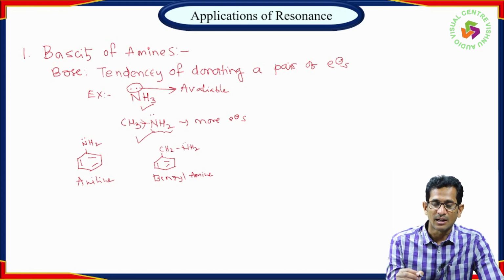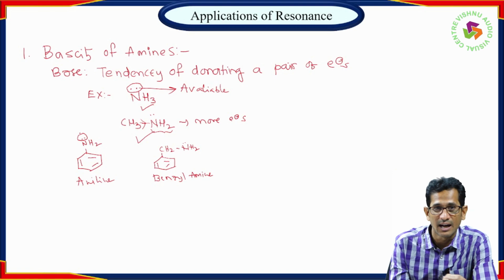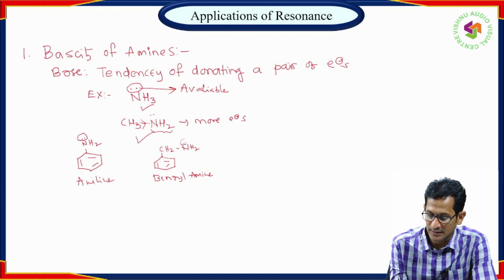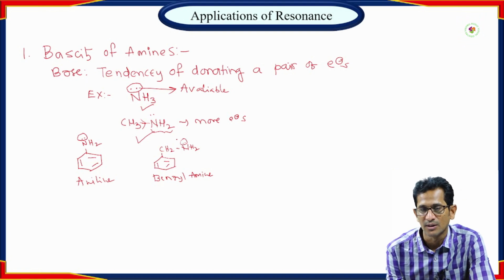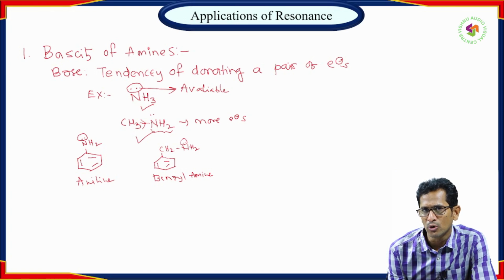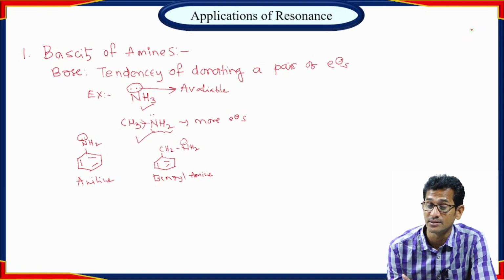Aniline has a lone pair of electrons on the nitrogen. Benzylamine is also having a lone pair on the nitrogen. Now we have to see which lone pair of the nitrogen is readily available to donate.